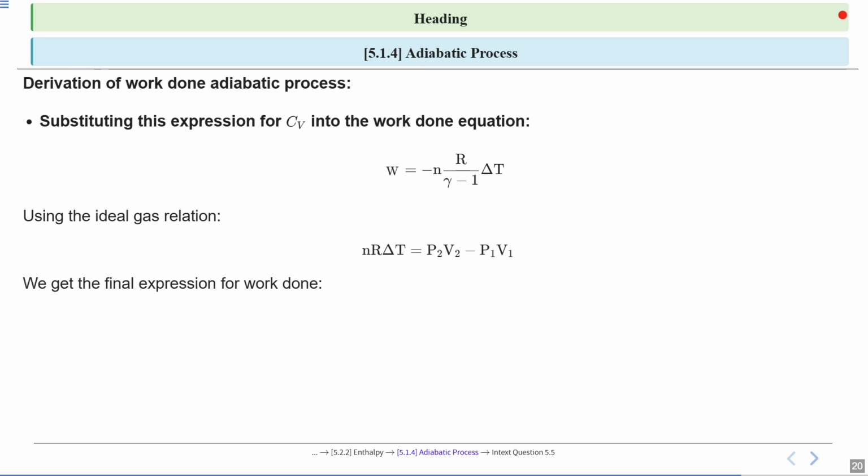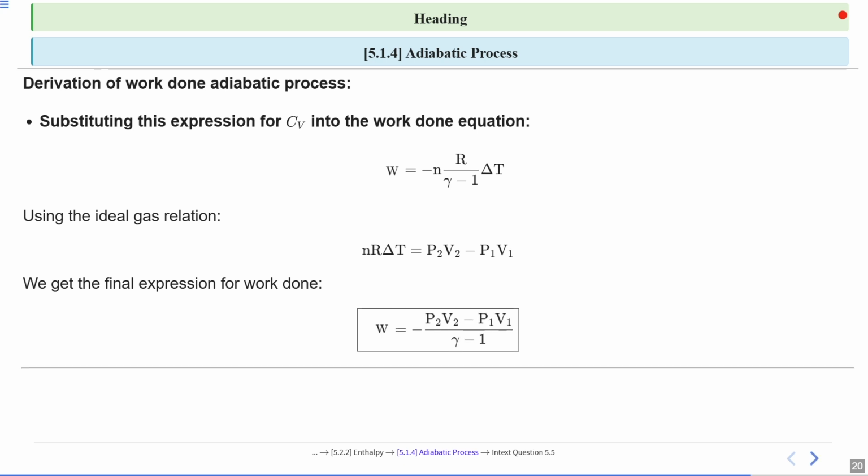So we can finally write our equation as P2 V2 minus P1 V1 by gamma minus 1, with a negative sign. This is the work done in case of an adiabatic process. This is a very, very important relation. Got it?